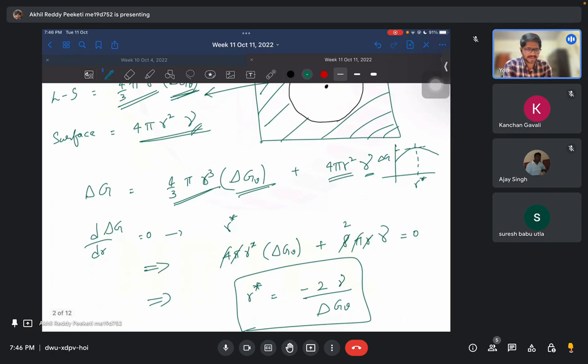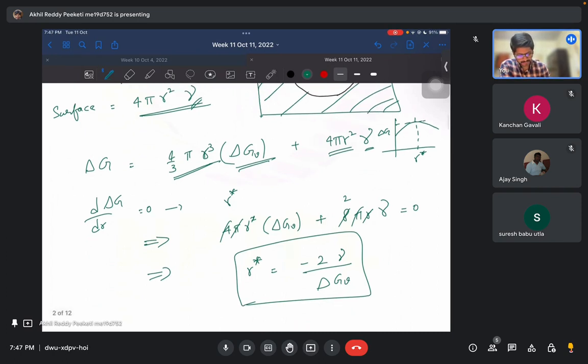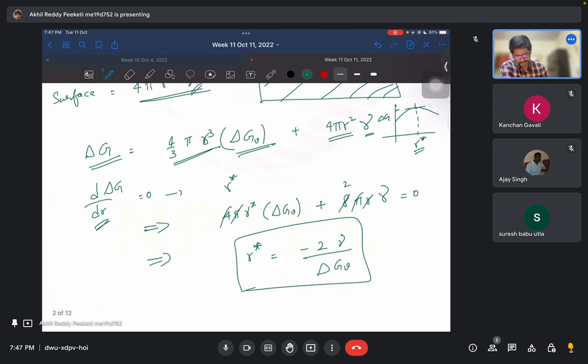To get this point, we simply differentiate the total free energy with respect to r and equate it to 0, because at the maximum the derivative would be 0. Then we get the critical radius in terms of the surface energy and the volumetric free energy of liquid to solid.